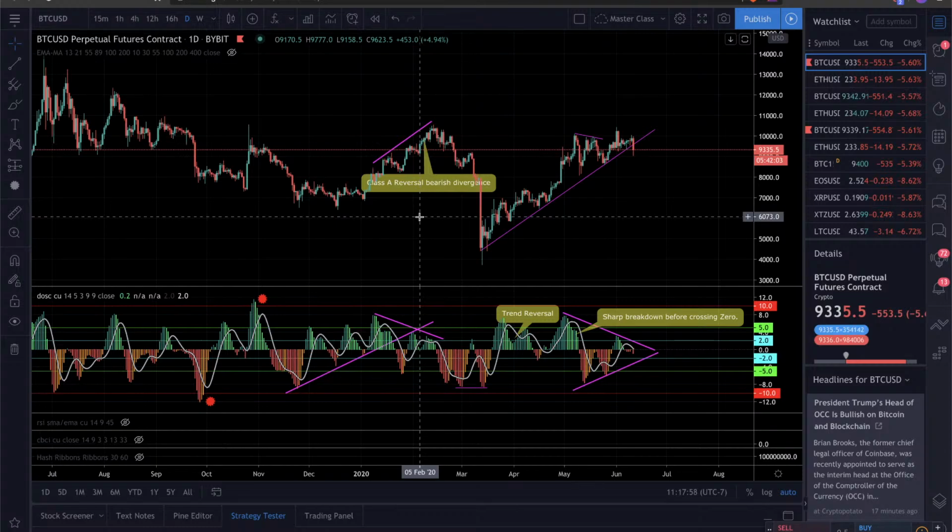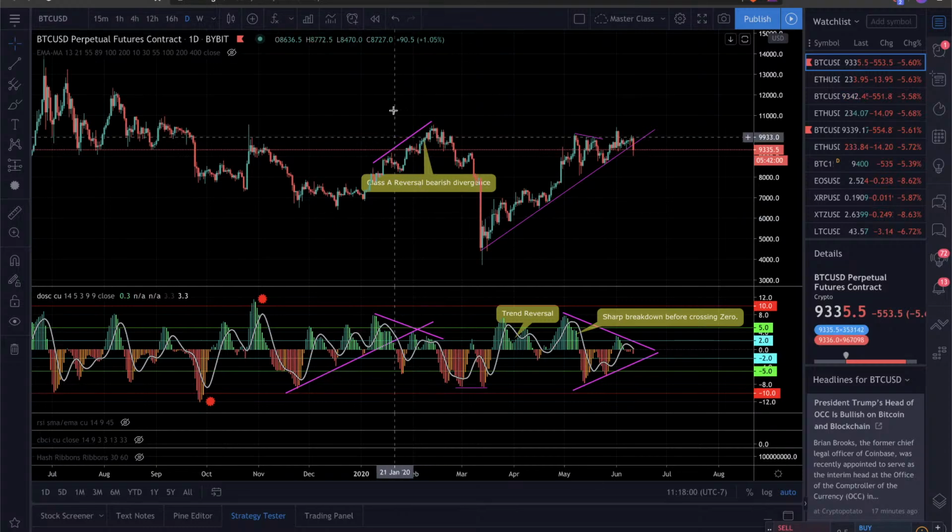The first one is really right here, whenever these points cross zero. This is a momentum indicator, similar to the RSI and kind of similar to the MACD.